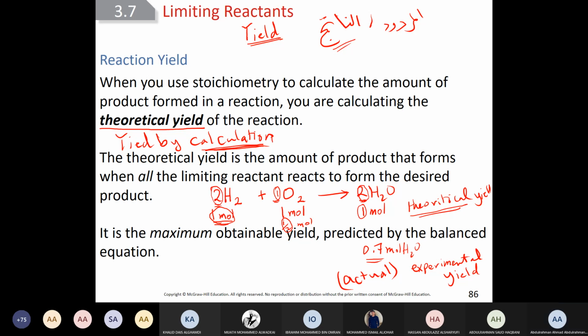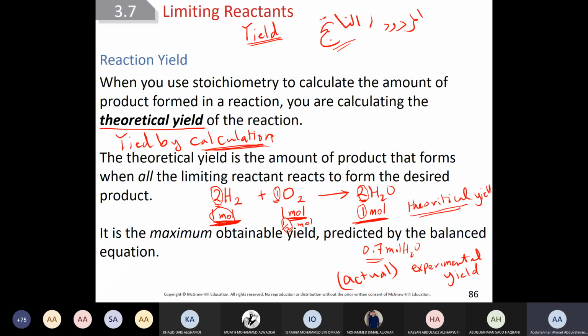I repeat one more time. If we have 1 mole of H2 and 1 mole of O2, how many moles of water are we going to produce? 1 mole, because by theory. Now, what will be the actual yield?